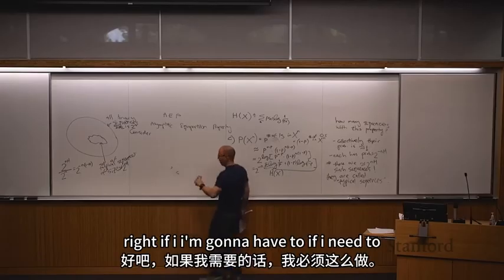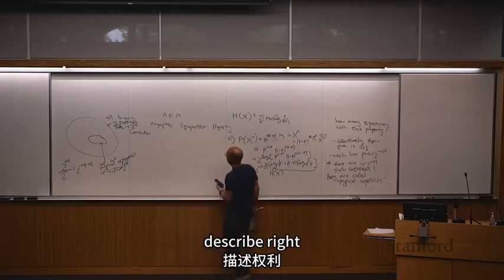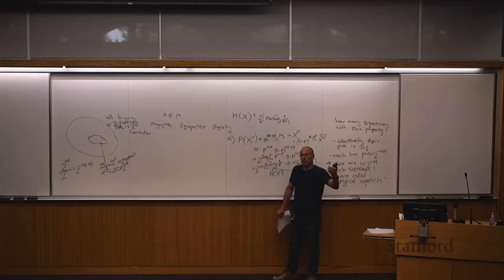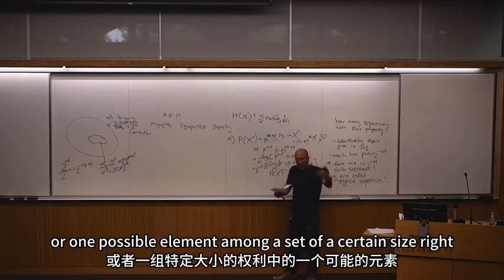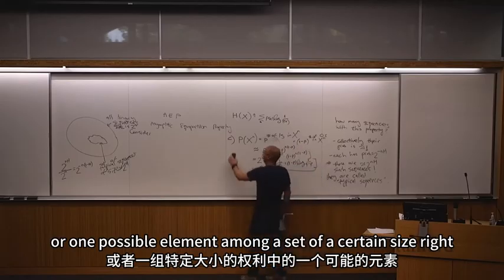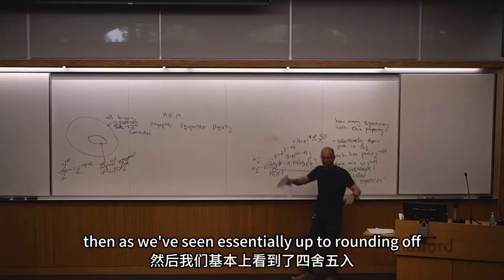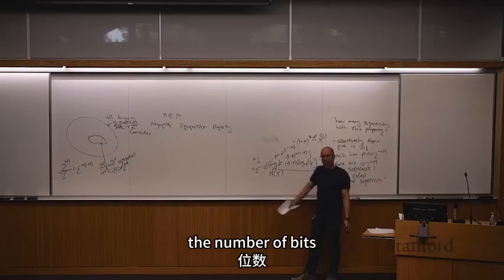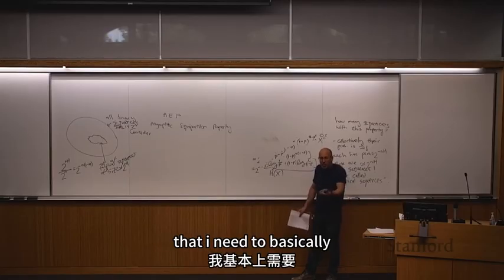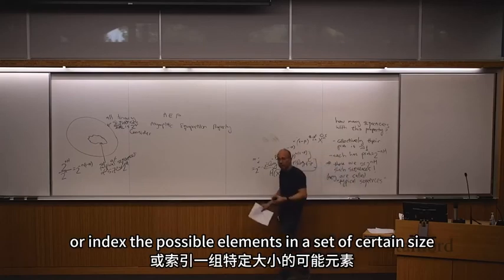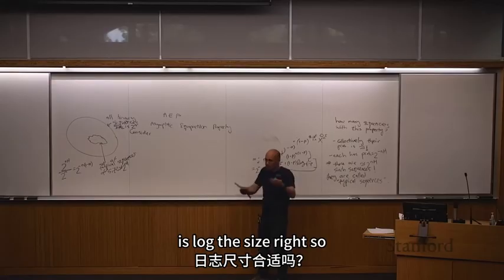If I need to describe one possible element among a set of a certain size, then as we've seen, up to rounding off, the number of bits I need to index the possible elements in a set of that size is log of the size.